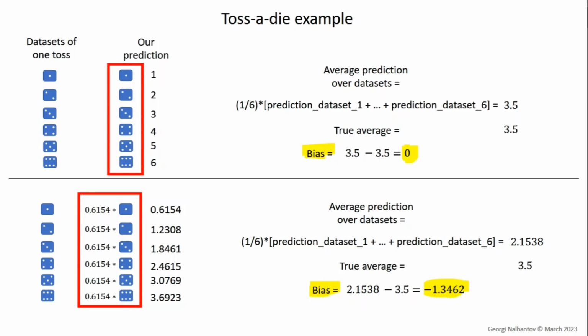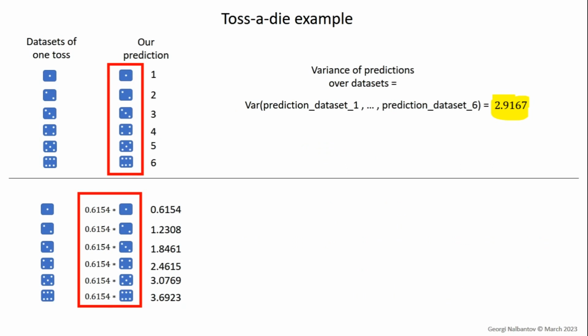The average of predictions over data sets in the second case is 2.15, the true average 3.5. Therefore, we of course have a biased model, and the bias is equal to minus 1.34. And the average of our predictions is actually 3.5 times 0.615. Therefore, it cannot be equal to 3.5.